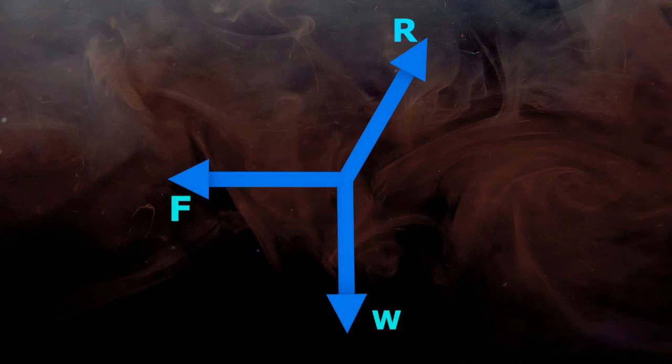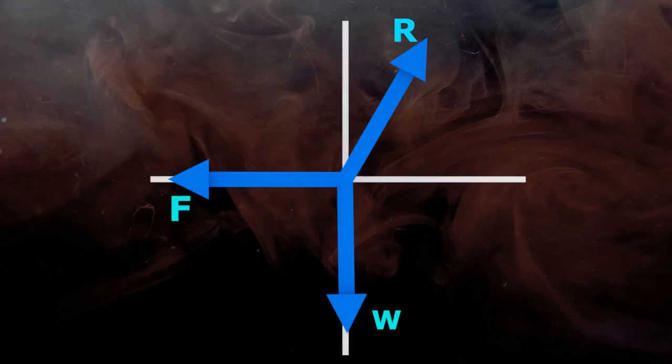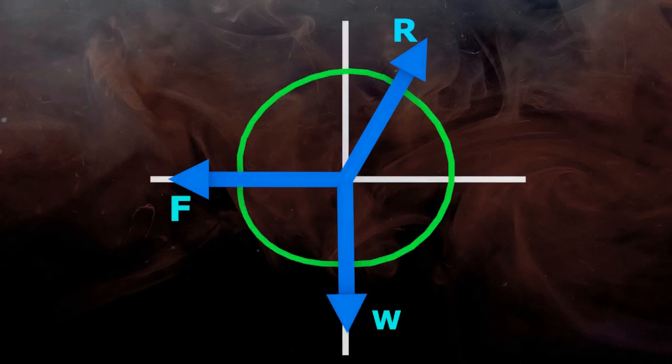So now let's find out the magnitude of R and F. The pipe is in a state of equilibrium, so we will find out the forces using Lami's theorem. The first step in this method is to find the angles between adjacent forces. The angle between forces R and W is 60 degree plus 90 degree equals 150 degree.